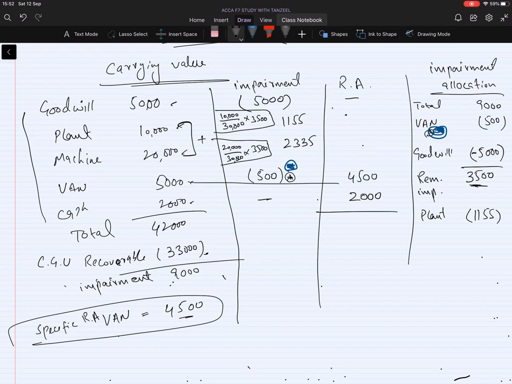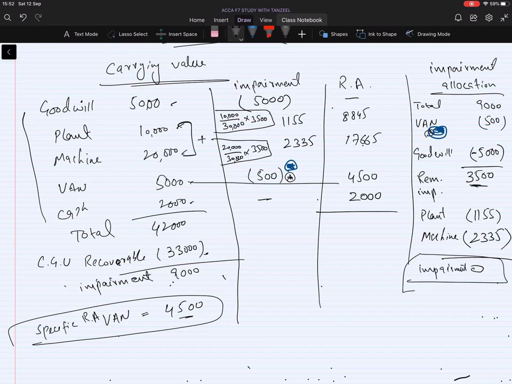For plant, remaining is 8,845, and for machinery it is 17,665. We allocate 2,335 to machine, and it means remaining impairment is 0. So this is the way we allocate impairment. We will spread this over the assets.